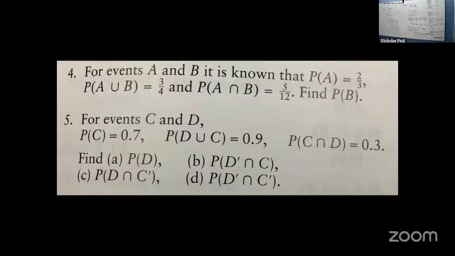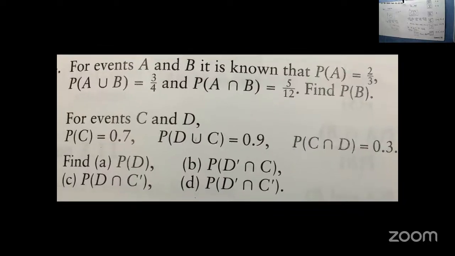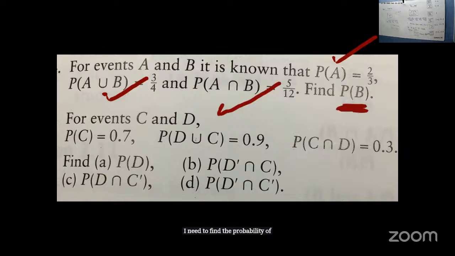So, for events A and B, it is known that the union and the intersect are given, and I want you to find the probability of B. Number one. First thing first, they gave you the probability of A, the probability of A union B, the probability of A intersect B. You need to find the probability of B.